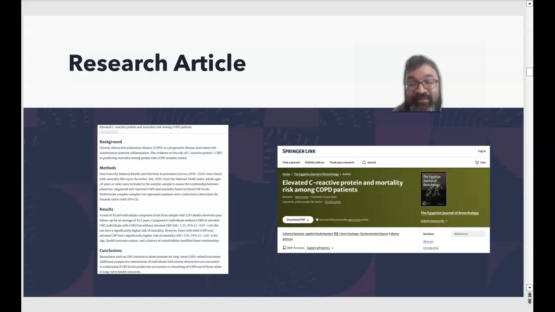This might be a kind of nerdy thing to say. However, when you do see a research paper that has been published, one of the first ones on C-reactive protein, which was part of my dissertation many years ago, and I finally got the opportunity with other collaborators to publish this.